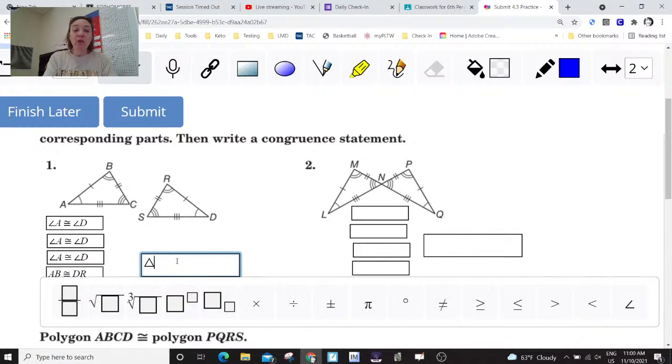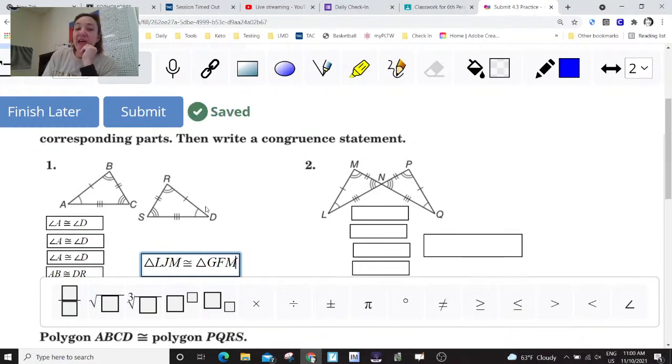So triangle LJM is congruent to triangle GFM. That's mine and my husband's initials. That was the easiest way I could think of doing it. So that's how you type it in, okay?